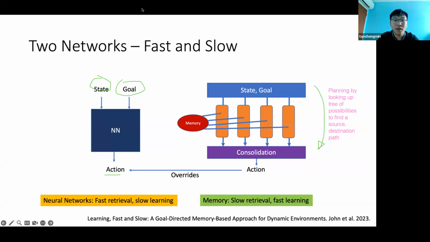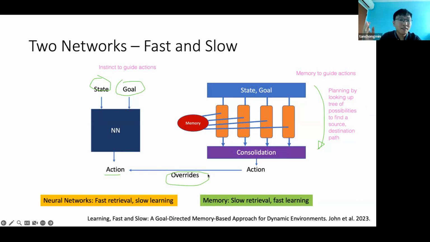This is the part where you use memory to guide actions, and this part here is instinct guiding actions. If you can find something in memory that tells you that you should take a certain action because it has led you to this outcome before, you can then do this overriding part. I call this fast and slow, because I think this is the way our brains kind of work.